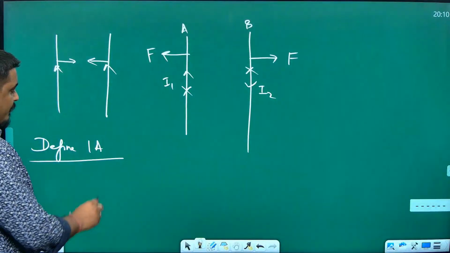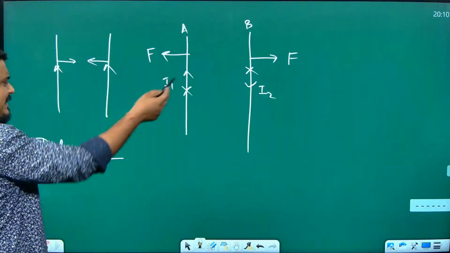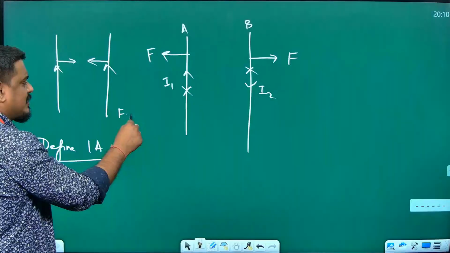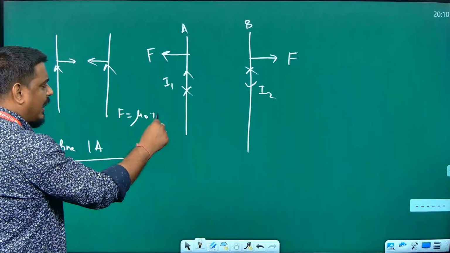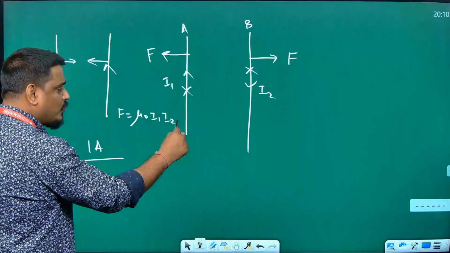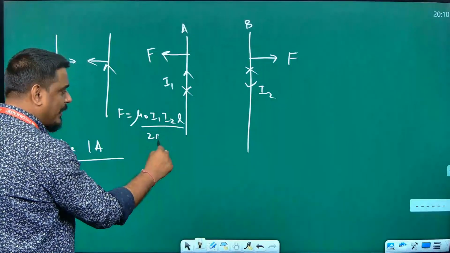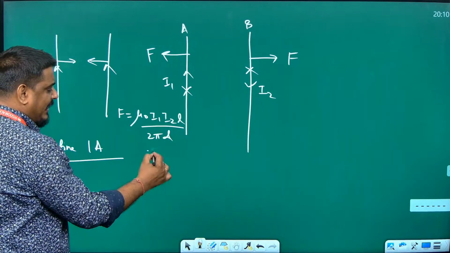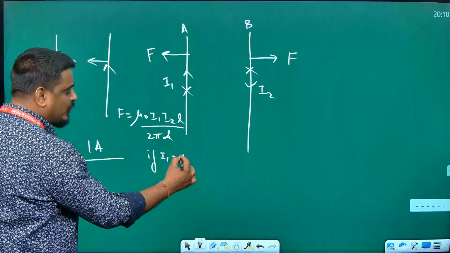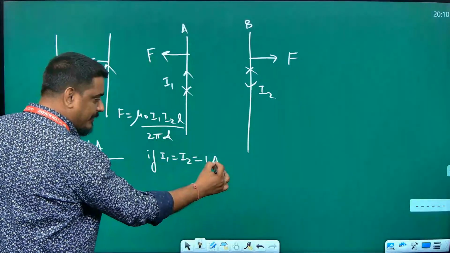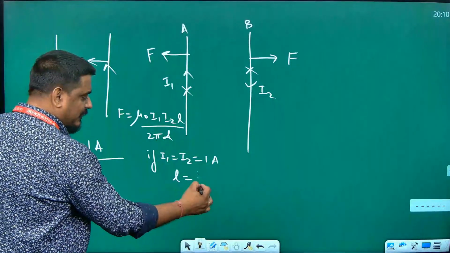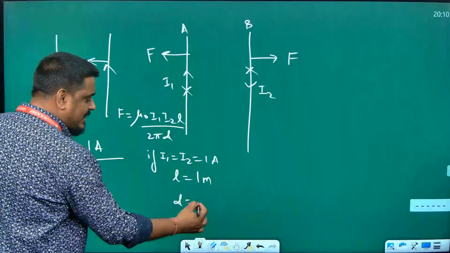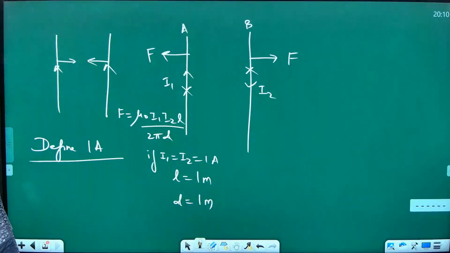Now, we know that in this case or that case, whatever the case may be, F is equal to mu naught I1 I2 L by 2 pi D. Don't you agree with me? Everybody pay attention, something important I am telling for the examination. If I take I1 equal to I2 equal to 1 ampere, length as 1 meter, and D as 1 meter, then see what is going to happen.